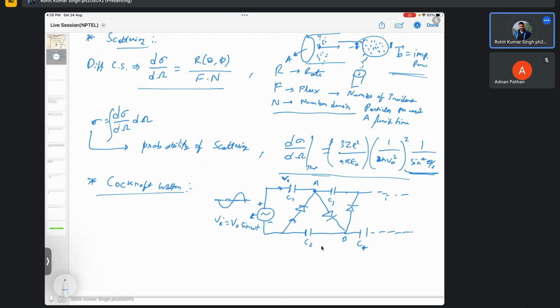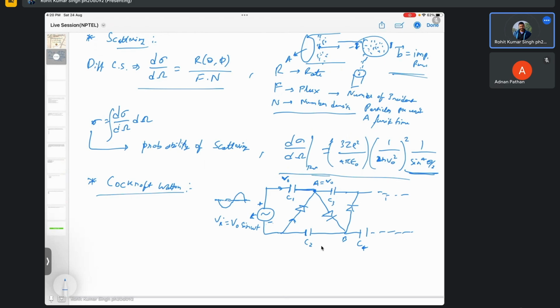Basically, before the positive cycle, this junction A has voltage V naught, because the capacitor is charged to V naught, so that will be the same voltage at this junction.